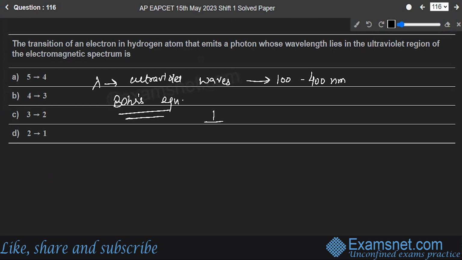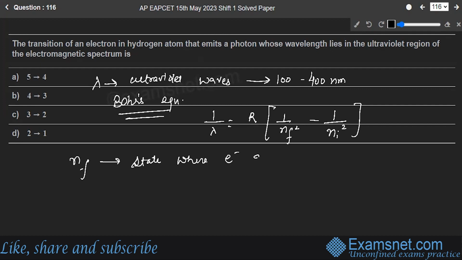So this is given by 1 upon lambda is equal to R into 1 upon NF square minus 1 upon NI square. Here, NF is the state where the electron goes to transit.